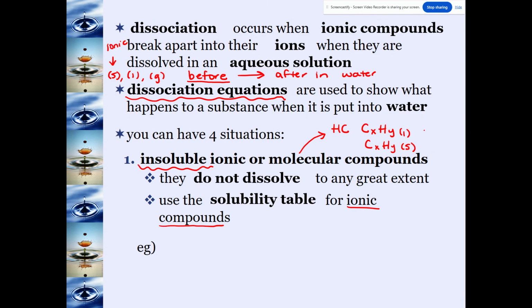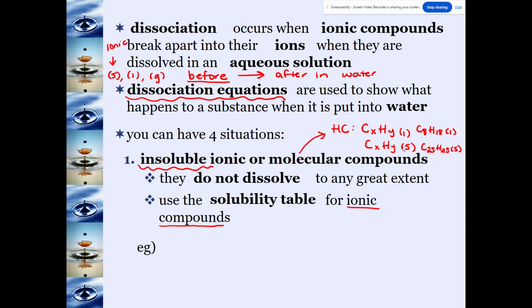So gasoline is C8H18 liquid, right? We know gasoline and water don't mix. Paraffin wax, C25H52. We know that when I take wax and put it on water, it doesn't dissolve, it just floats on top, right? So a lot of our simple hydrocarbons that are liquid or solid are insoluble.